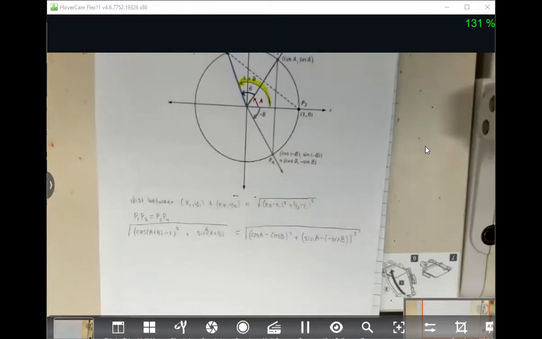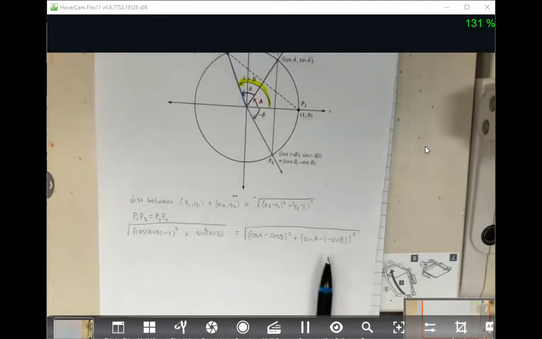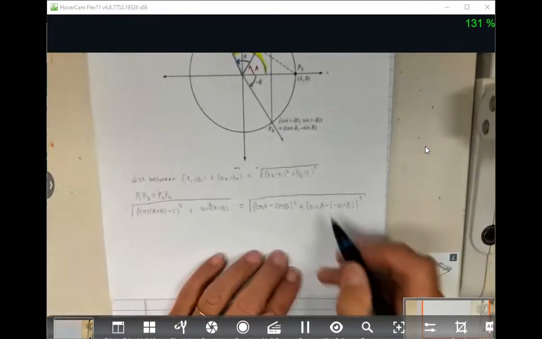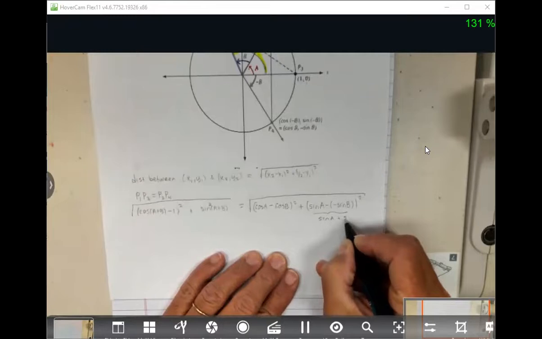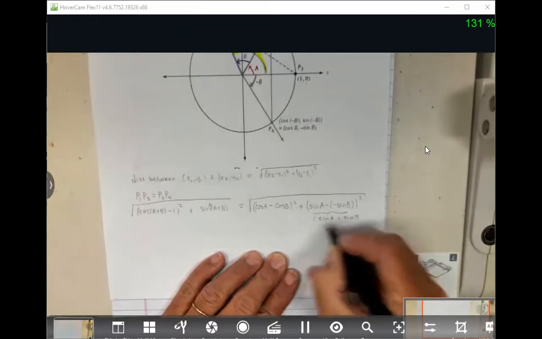Drawing that radical sign is getting to be a pain in the neck, and I've only drawn it once. So I'm going to get rid of it by squaring both sides. So in the next step, I'm not going to write the radical sign. But I am going to square this, I'm going to square that, and I'm going to square that. But I want you to think of this one as the sine of A plus the sine of B that's being squared.